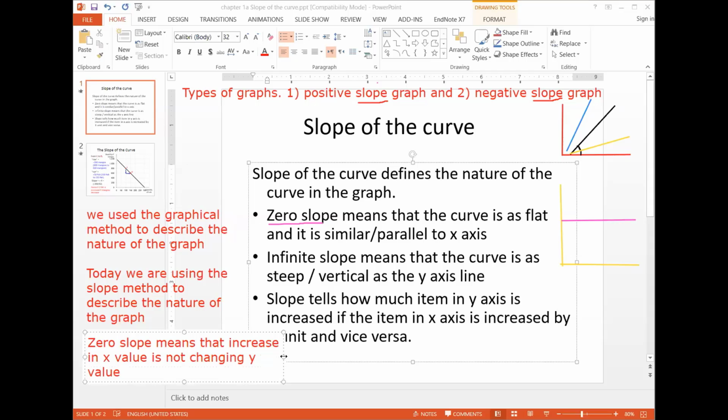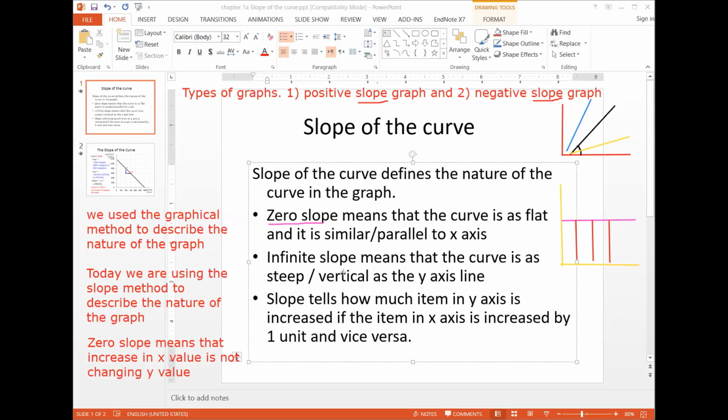If you see the horizontal line here, every point I pick on the line is increasing in terms of x, but it is not changing in terms of y. So y is constant.